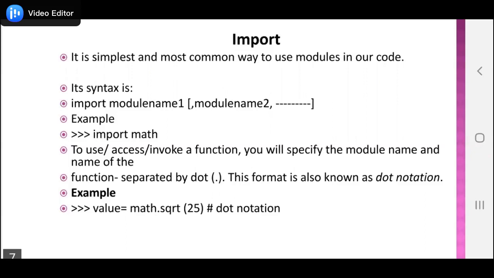So let me see. For example, suppose you are using one function in the math module, we have no need to import the rest of the functions. Please see the slide. By using this statement, import math, if I import the math module, all the function definitions will be imported into the program.